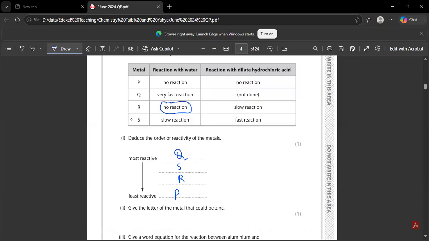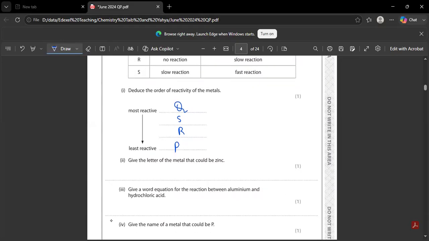It's not saying that it is fast or slow. So on the basis of this no reaction, it has to be kept under less reactive.